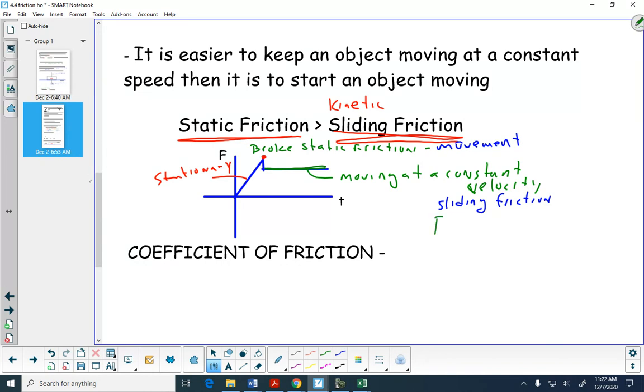So our force applied will equal our force of friction. These will be equal but opposite. They'll be going in opposite directions.